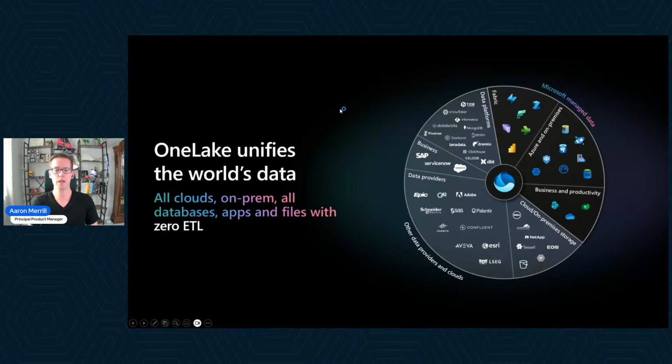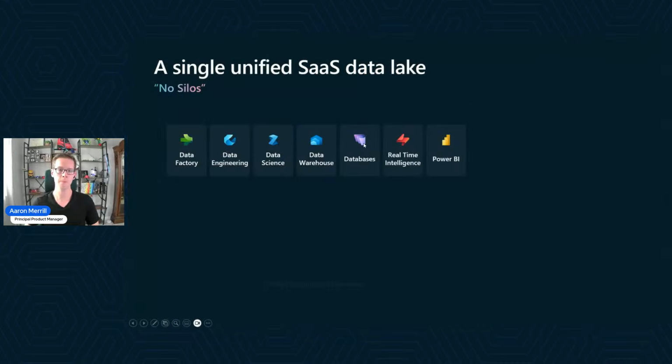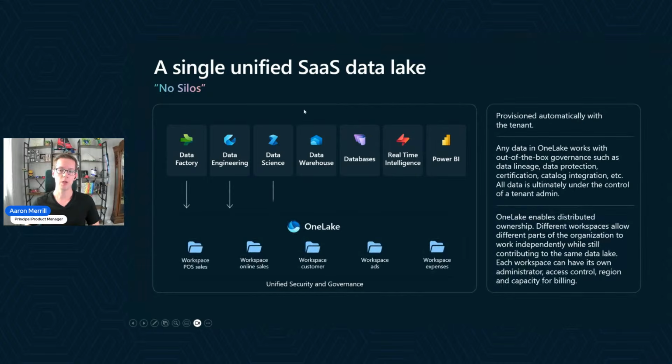So what is OneLake? OneLake is a SaaS data lake that unifies all of the world's data. So whether you have data that's on-prem, it's in a cloud, it's in a variety of different clouds, OneLake lets you connect to all of this data in a seamless way, often without creating copies of that data, so you have a single unified view of your entire data estate in a single platform. And one of the key features of this is that it's designed to have no data silos.